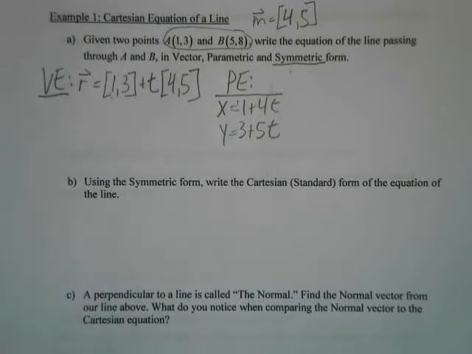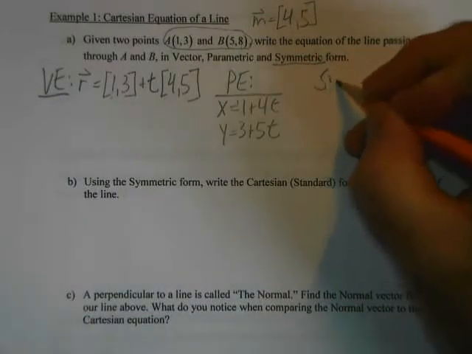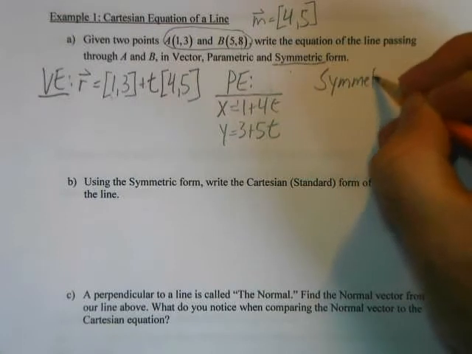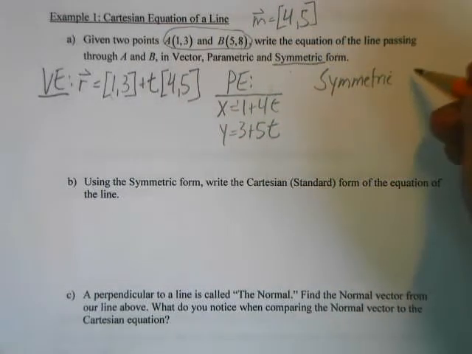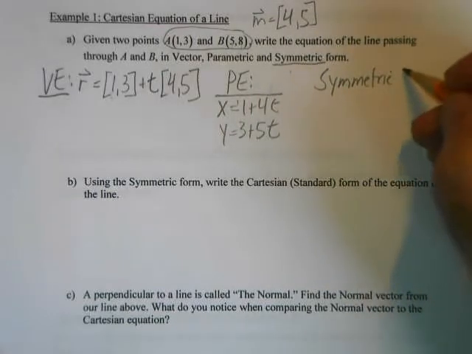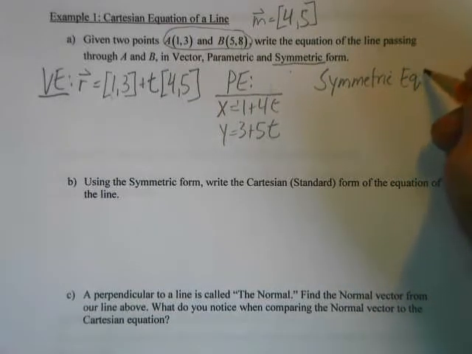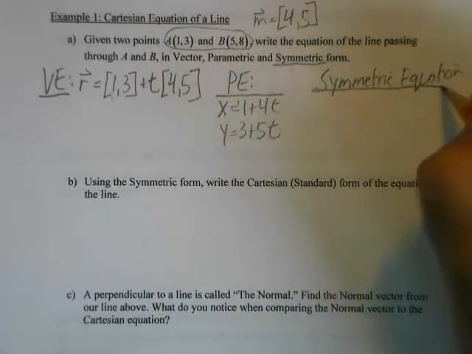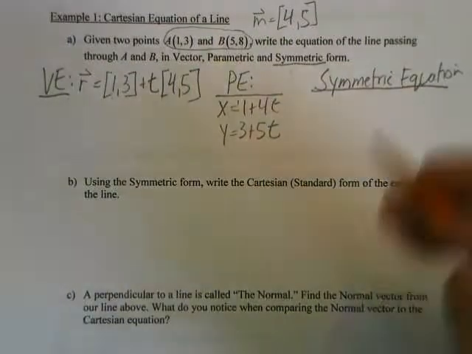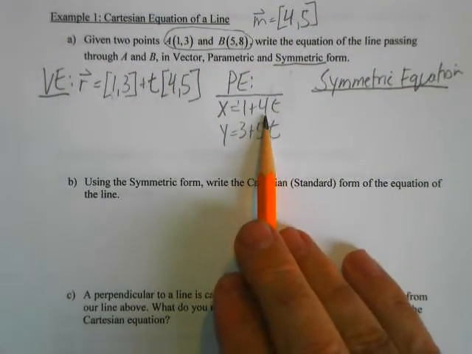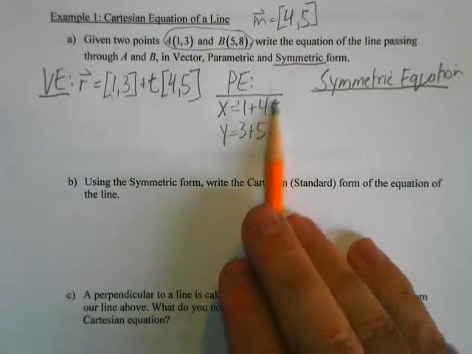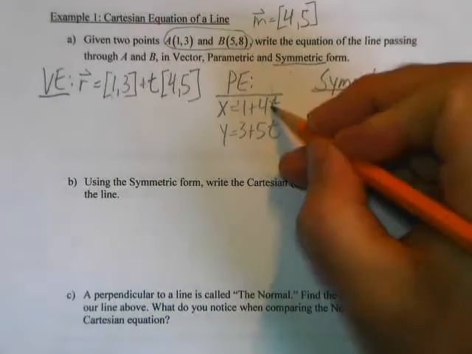But now we're going to create something called the symmetric equation. I'll actually write this out since it's the first time. I realize I didn't do the definition of that, so I'll just show you through this example how it works. So symmetric equation. The way this works is I take each of the parametric equations and isolate for the variable, which is my scalar multiple.